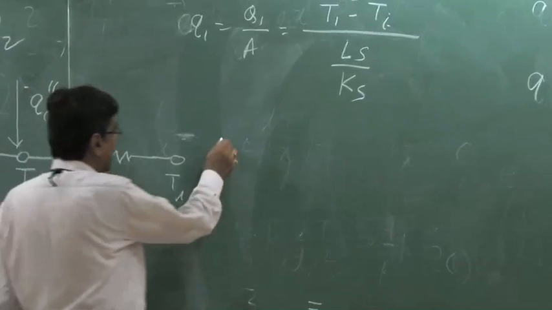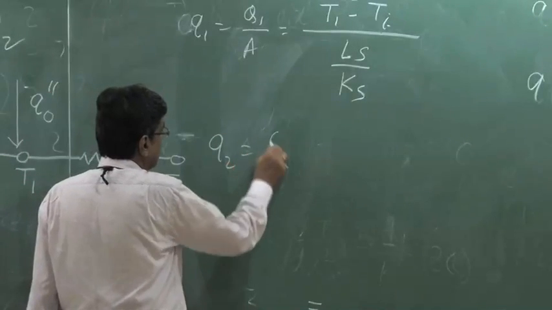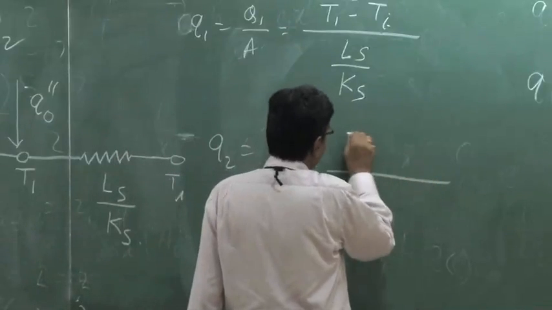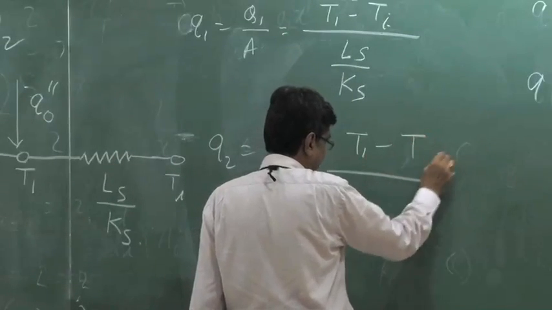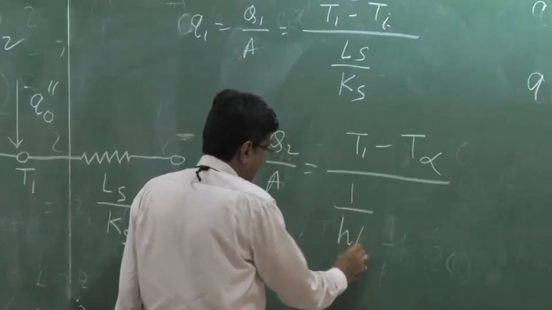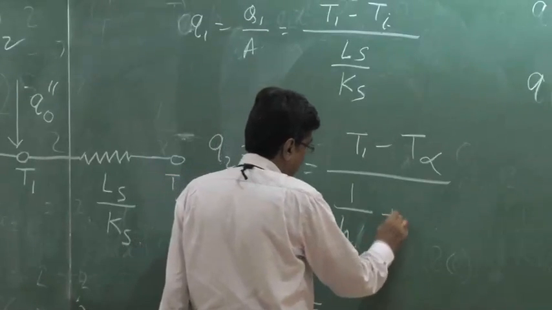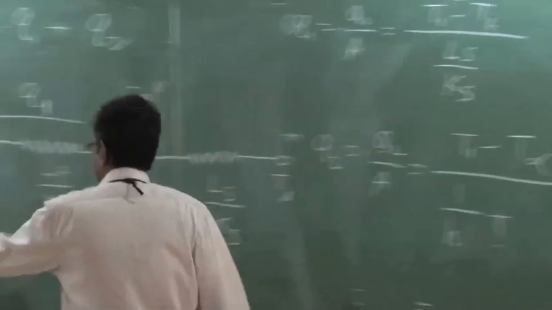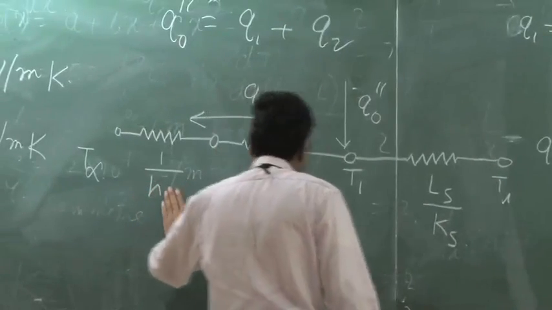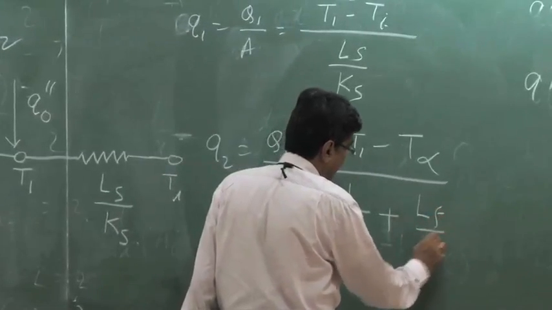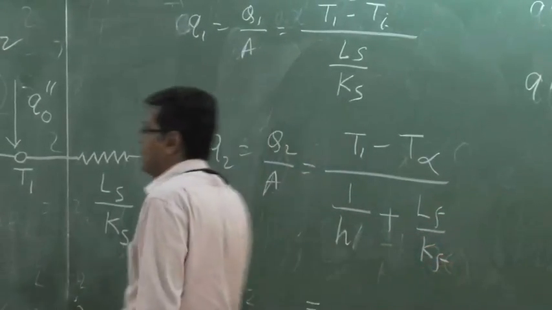And Q2 by A is equal to T1 minus T infinity, as we did earlier, divided by 1 by H plus LF by KF. It is H, not HF, because only one side H is there. It is a series problem.